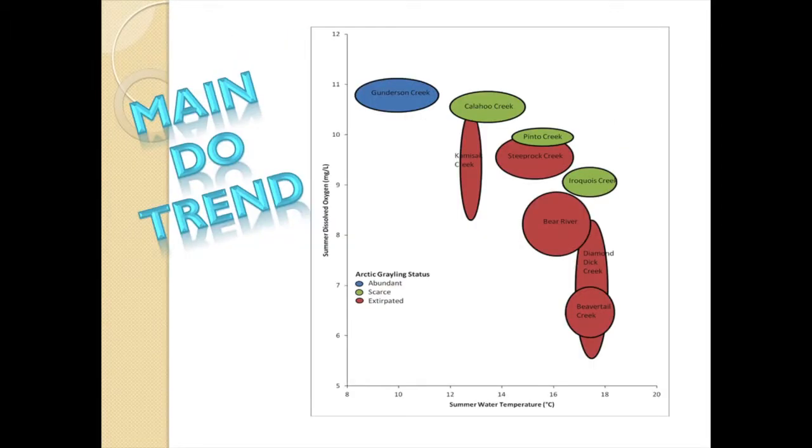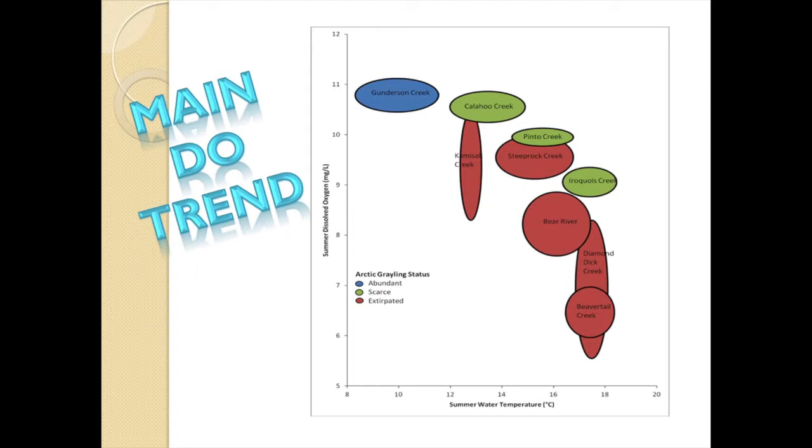On the x-axis here, we have mean summer water temperature. On the y-axis, that's mean dissolved oxygen in summer. Those ovals are centered on the means with standard deviation determining the size of the oval. So, perfect, right? I got a nice, lovely graph. There's a clear trend. The healthy populations of grayling are all up there along the top.